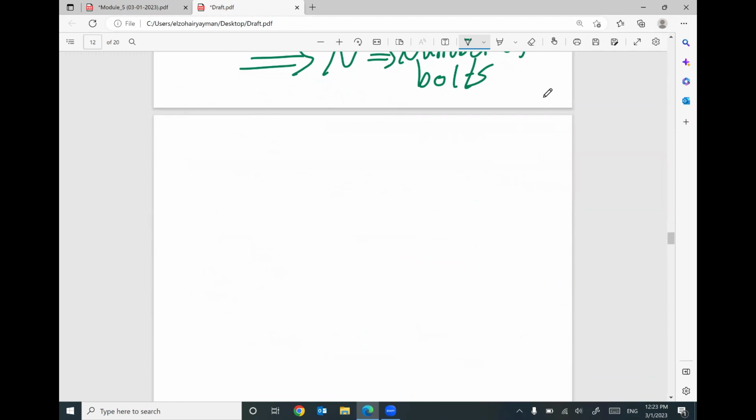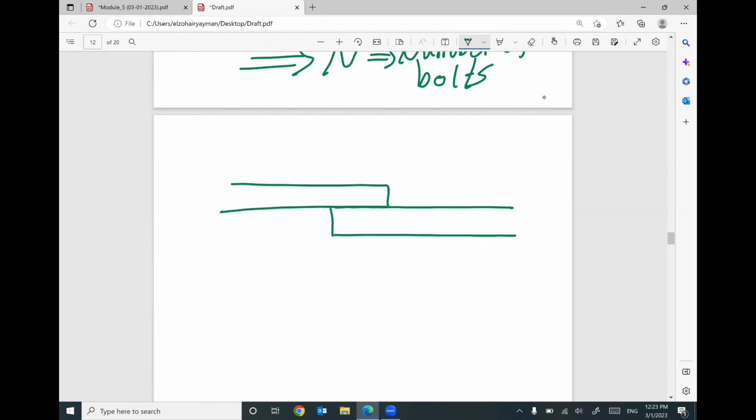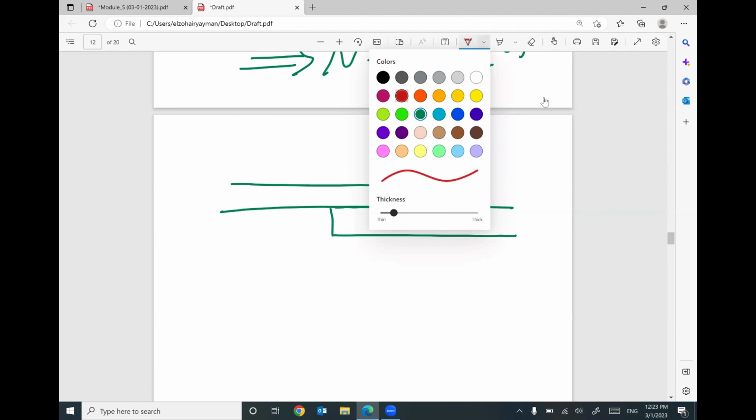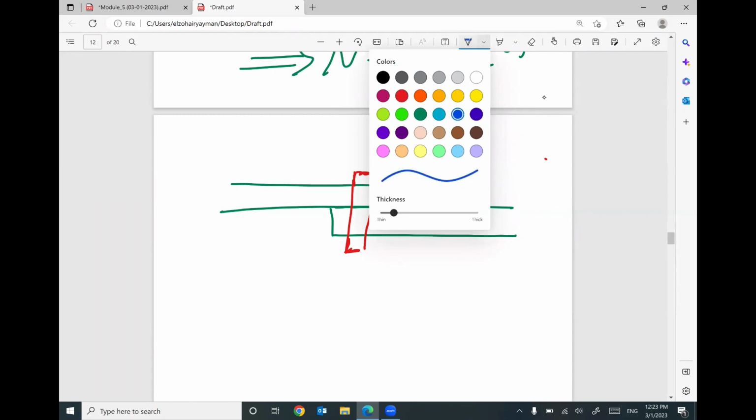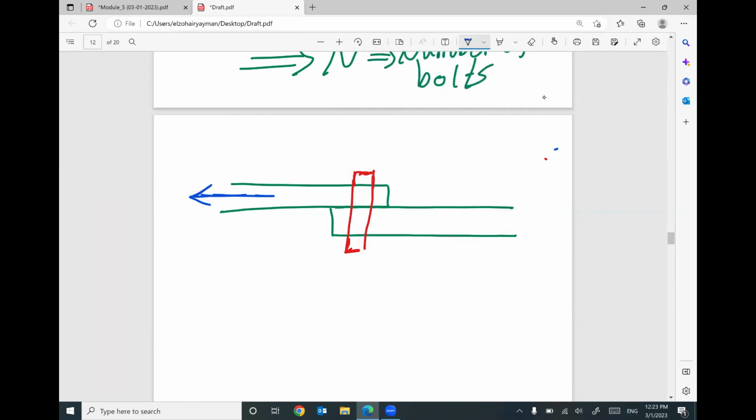So if you have this member and this member, the 2 members are connected together by this bolt. Keep in your mind that this part is moving this way and this part is moving this way. So can anybody tell me how many shearing planes?